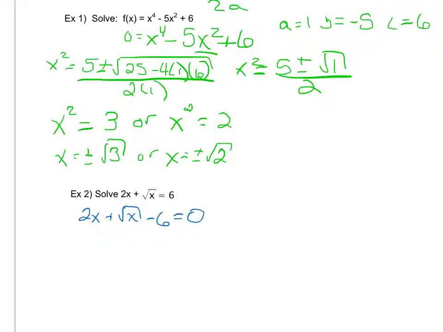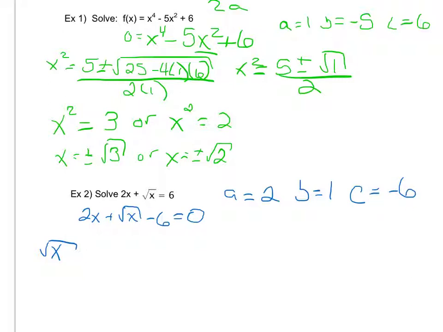But again, instead of solving for x or x squared as we did in the previous example, now we're going to solve for the square root of x. My a is going to be 2, my b is going to be 1, and my c is going to be negative 6.